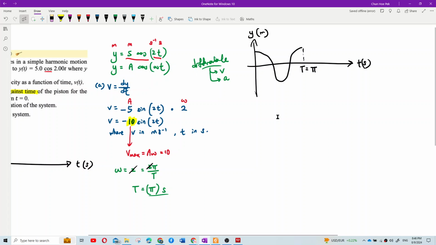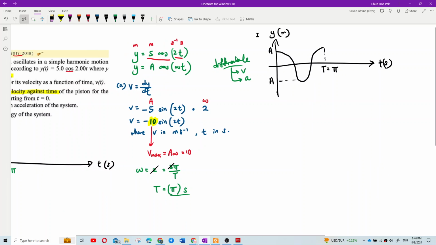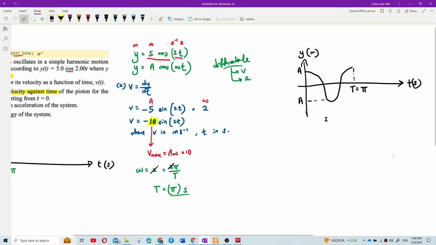Only this is A, the displacement amplitude. A is the maximum. So this is A. What is A? 5. The amplitude is 5.